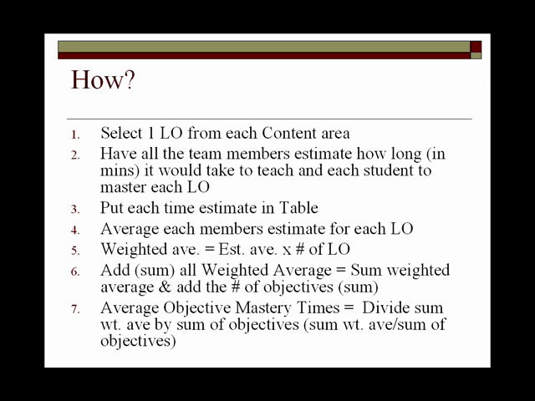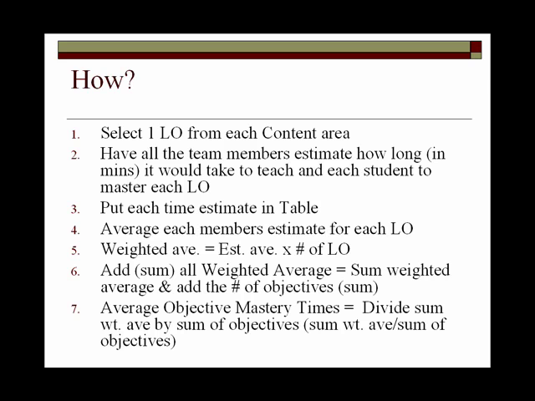Then under sample objectives, you'll list one objective from each of your content areas. Just select one, it doesn't matter which one it is. Then estimate how long it will take to teach each student to master each one of those learning objectives. Use minutes, and the book suggests that you round up to 10-minute intervals. So don't do 55 minutes, do 60 minutes. Write out how long you think it will take to master that particular objective.